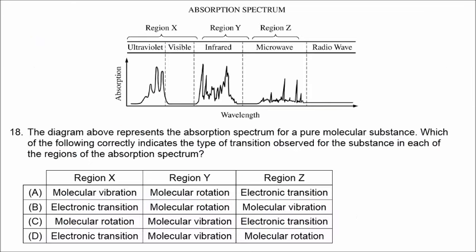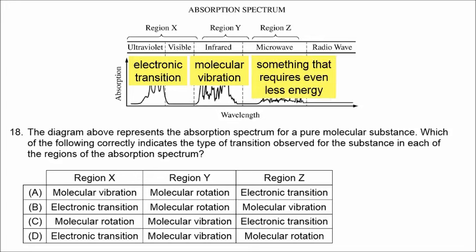So we have molecular vibration in region Y, where it says infrared. We have electronic transition in region X, where it says ultraviolet and visible. And there must be something even lower than infrared in the microwave region. Whatever that is, it must be something that requires even less energy.